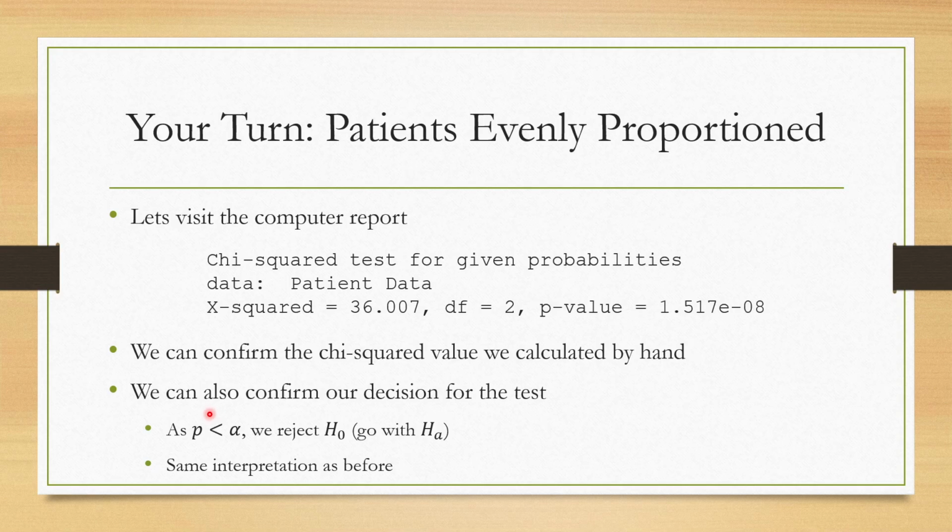Again, that indicates compatibility in a way between our data and the null hypothesis. This implies that these are very incompatible with one another, certainly less than our threshold, and indicates that we should get rid of that null hypothesis because the data is not compatible with it. So when we get rid of the null hypothesis, we end up going with the alternative. And again, the alternative, at least one hospital's patient group is different than the null. In this case, our null was they're all the same. So we're saying at least one hospital's patient group is different than the others.